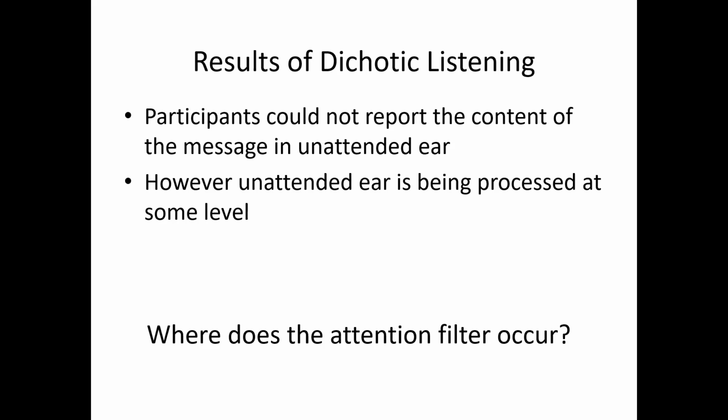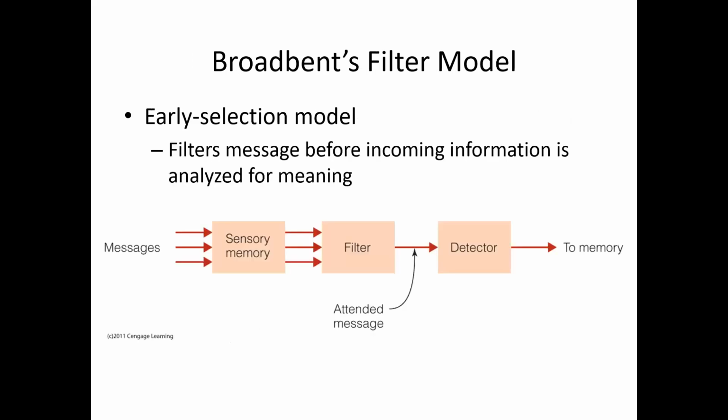In the brain, and where exactly through the attentional process does this attention filter occur? So this is what is known as Broadbent's filter model. This was discussed before as an example of information processing, but now we're going to look at it in terms of attention.